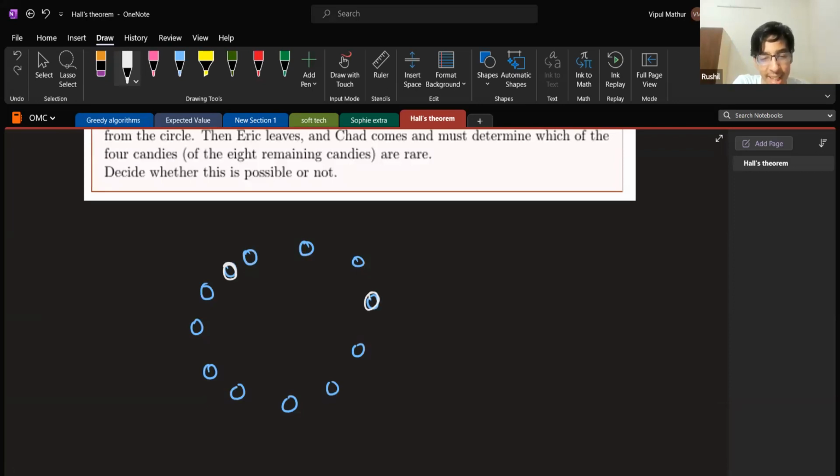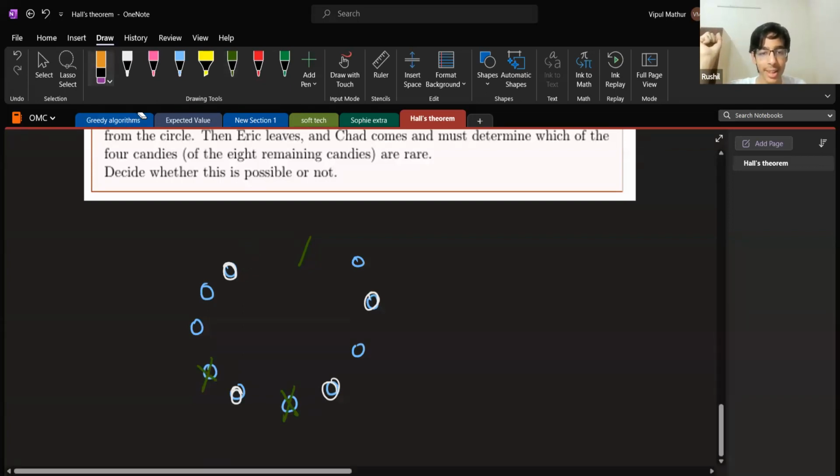Let's remove the circle, it's pointless, by the way. You can imagine them in a line or however you want. Let's say these four are rare, and I know that because someone tells me. But my best friend does not know that. I want to tell that to him, but the only thing I'm allowed to do is delete four non-rare candies. So let's say I delete this one, and this one.